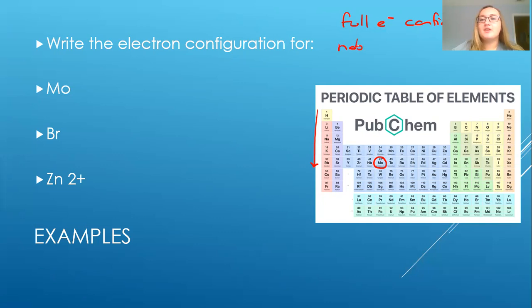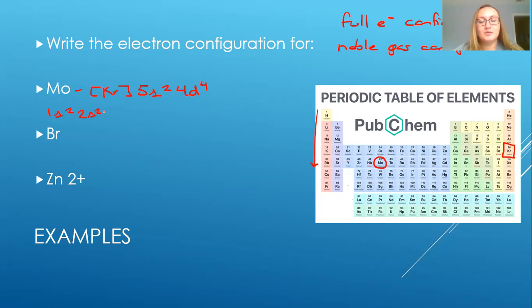We can also write noble gas configurations. So we cheat. We start at the previous noble gas and we put it in brackets. And then we just keep going. So we say this one would have 5s2, 4d4.